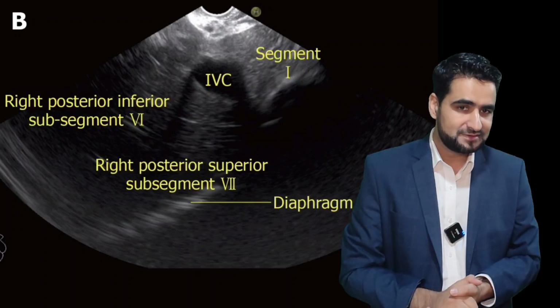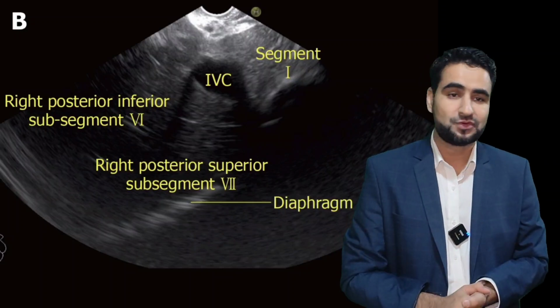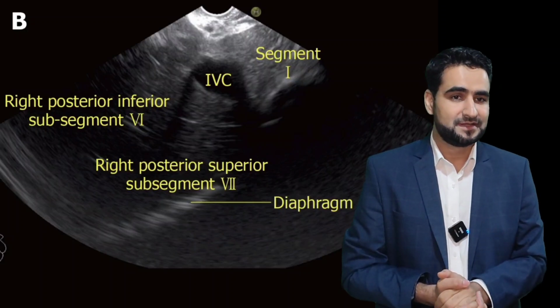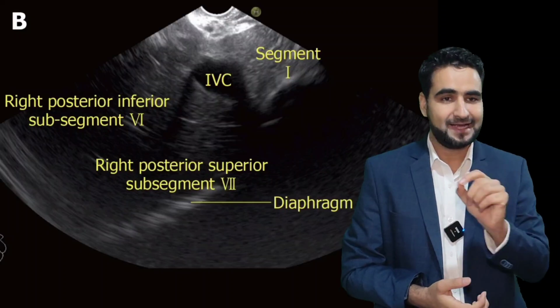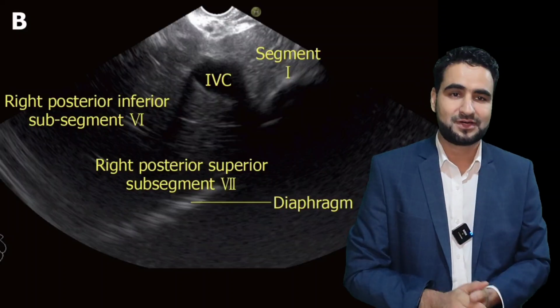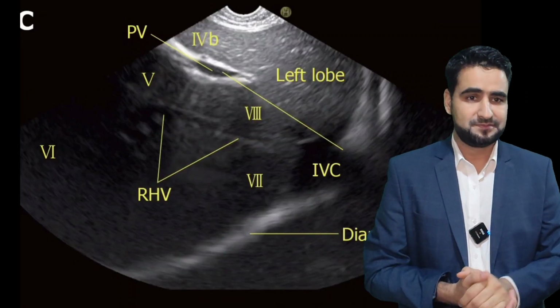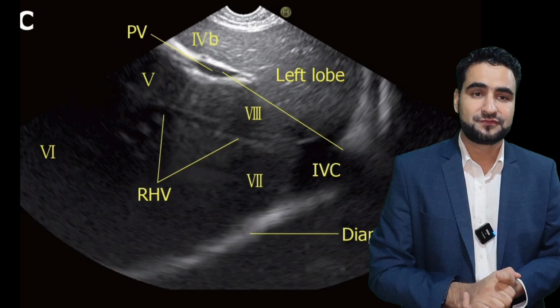The right posterior segment, that is segment 7, and the diaphragm can also be seen more cranially. This view is especially important because it indirectly locates the portal bifurcation and guides you towards the umbilical portion of the left portal vein. Continuing the counterclockwise sweep brings us to another image, one of the most informative frames.